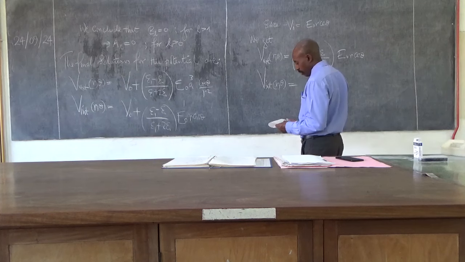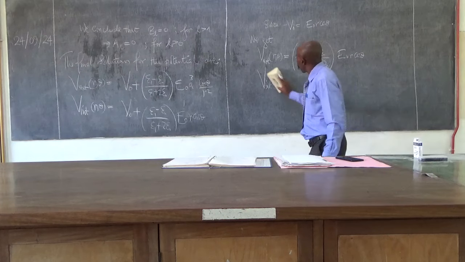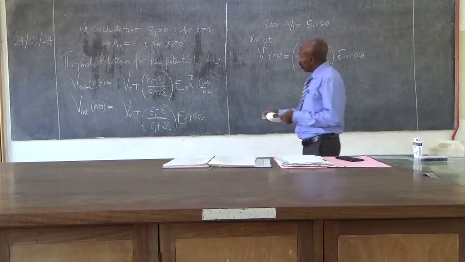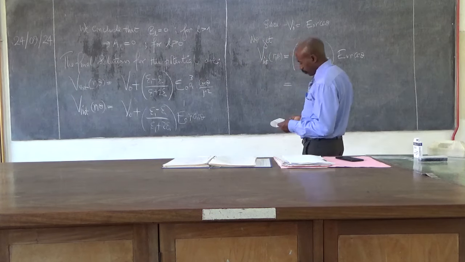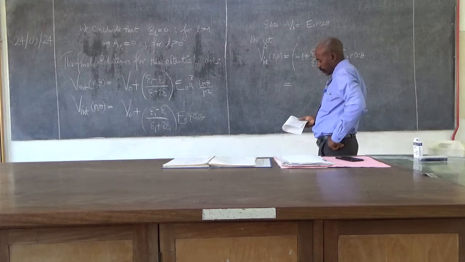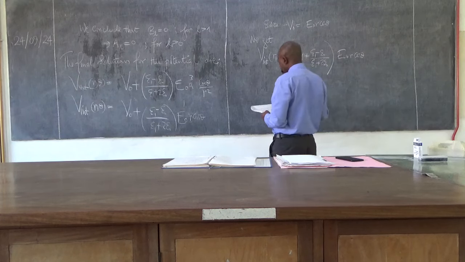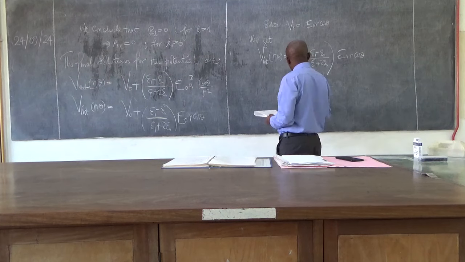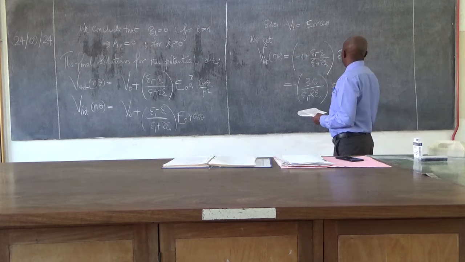I think this is in R, not external. So this is in R. And this should reduce to, if you try to apply, this would be minus epsilon 1 minus epsilon naught plus epsilon 1 minus epsilon naught over epsilon 1 plus 2 epsilon naught, so it reduces to minus 3 epsilon naught over epsilon 1 plus 2 epsilon naught in E naught R cos theta.